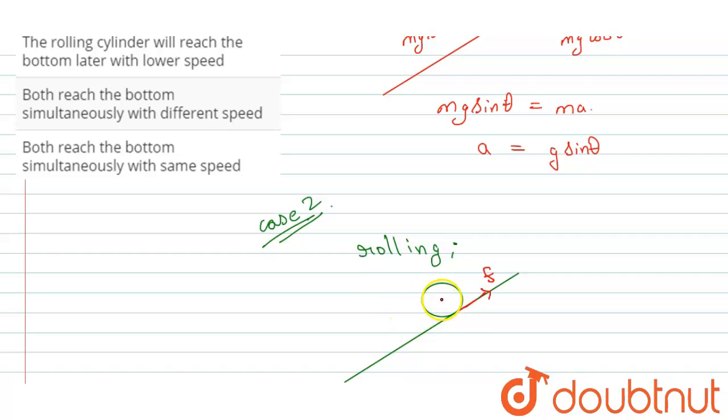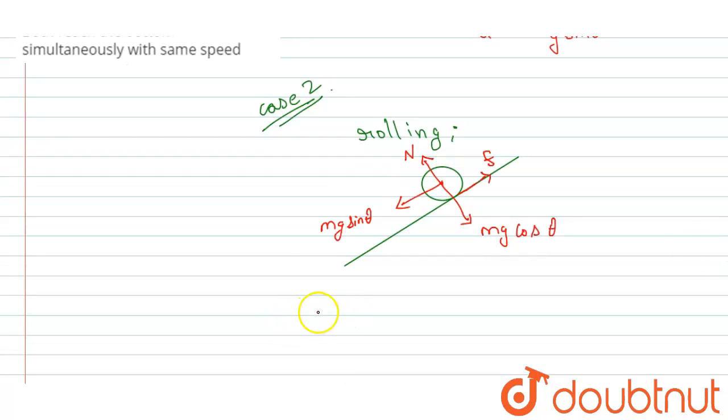The components are mg cos theta and mg sin theta. So we can write mg sin theta minus frictional force is equal to ma dash. Let's suppose the acceleration of the rolling cylinder is a dash.